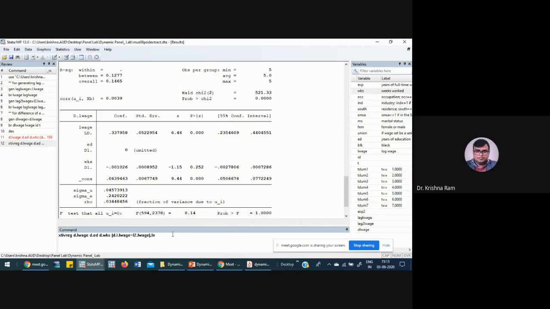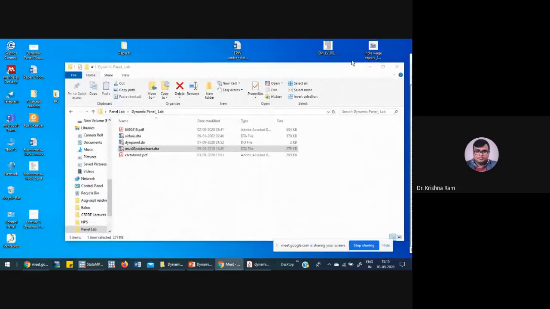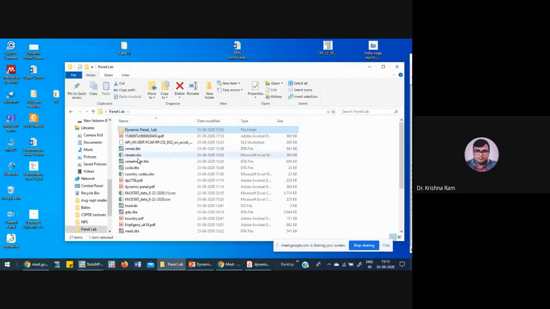Now let's move on to the Arellano-Bond estimator. In the case of the Arellano-Bond estimator, you use different instruments for different time periods. And if you remember, let me open that.